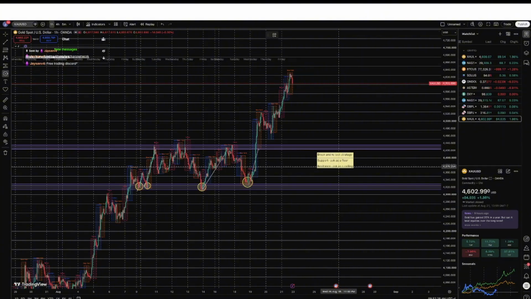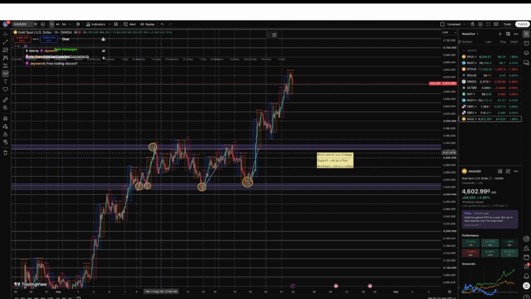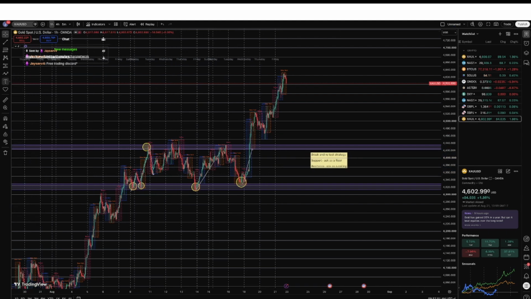So now this support area, you can see there was movement up. Now what happened? It created a resistance at this area right here. And what happened? It made a shift in the opposite direction. Boom, right? So now we also have another tap in that same resistance area.